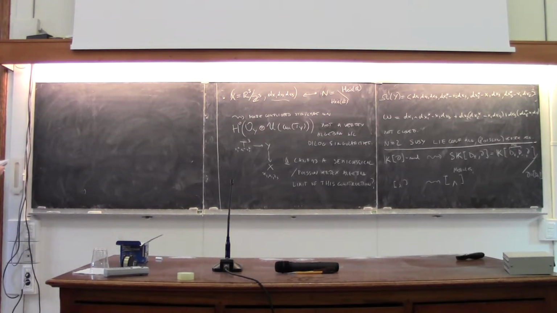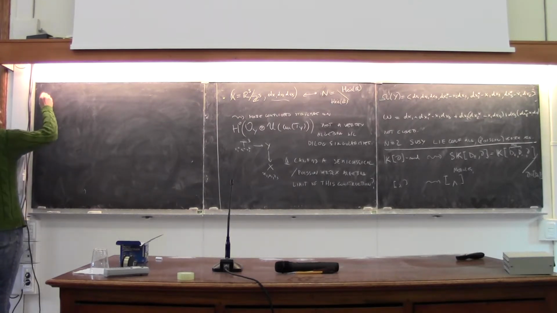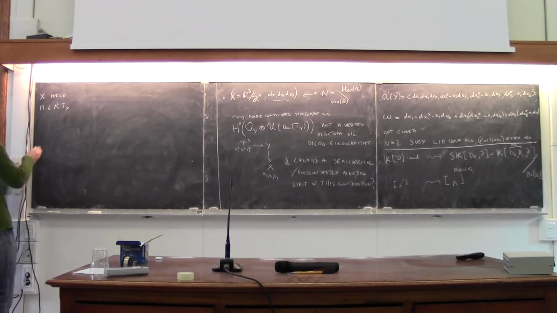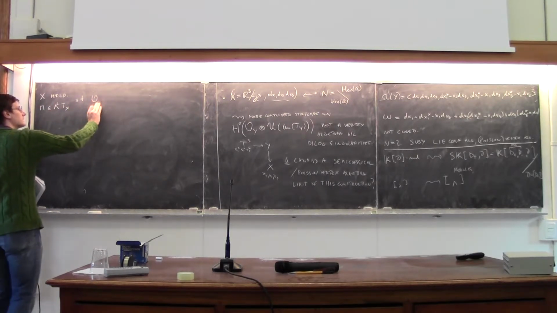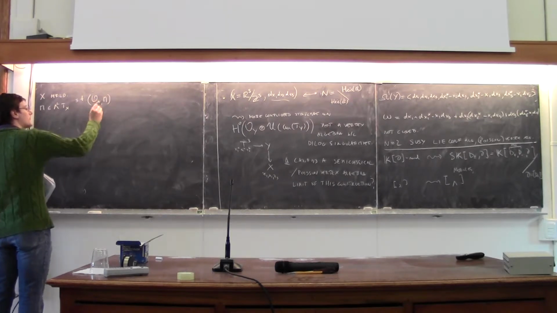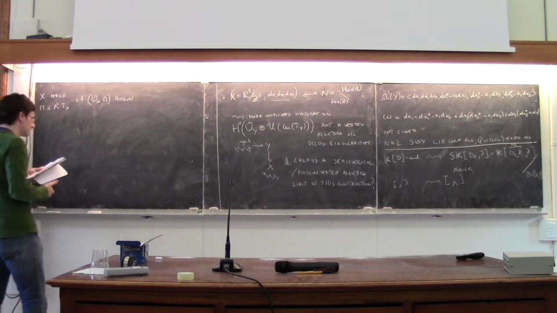So this has a nice application to the study of N equals 2 structures on Poisson manifolds. So I can start with X, just a manifold, and phi, a vector field on X, such that the algebra of functions on X with phi is a Poisson algebra.